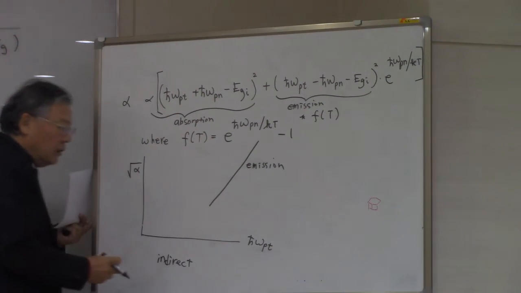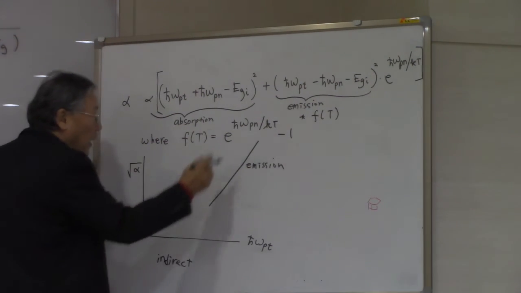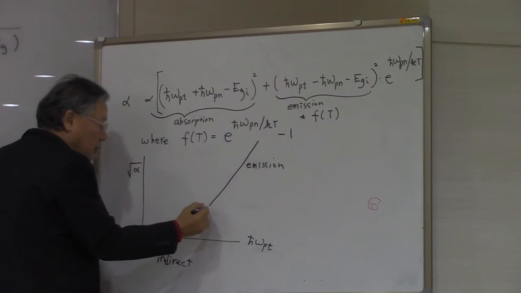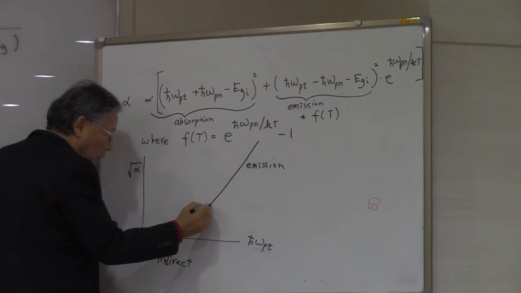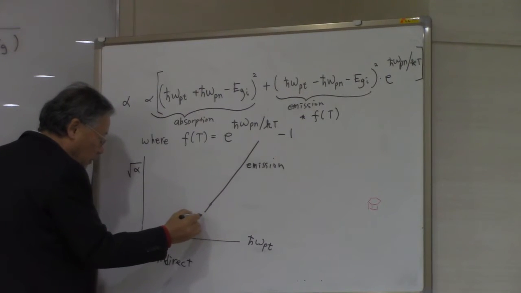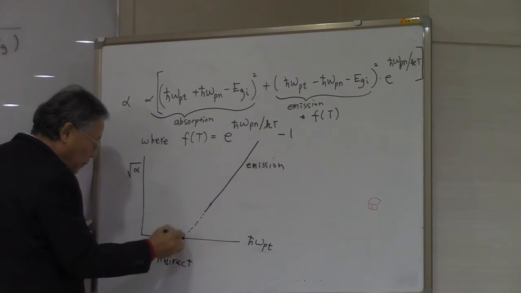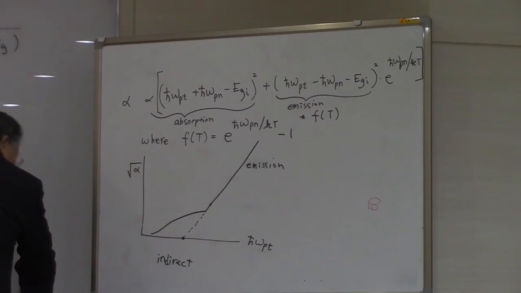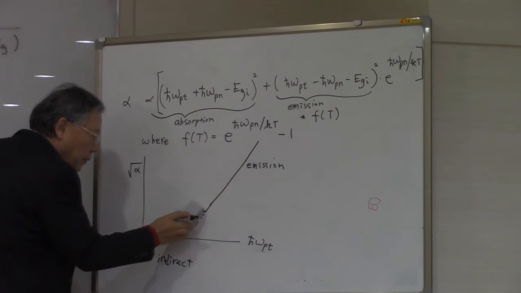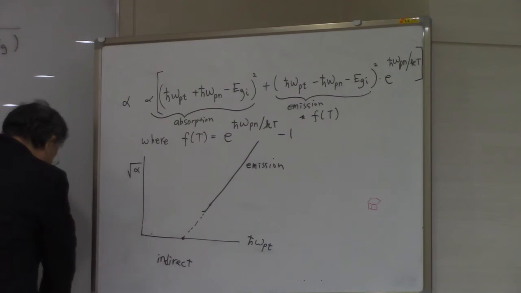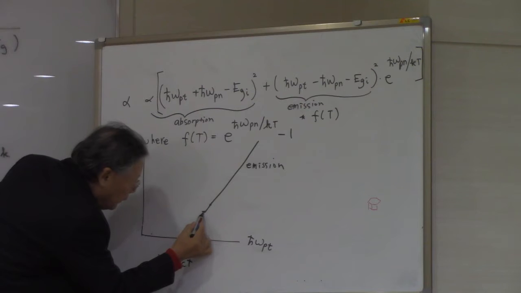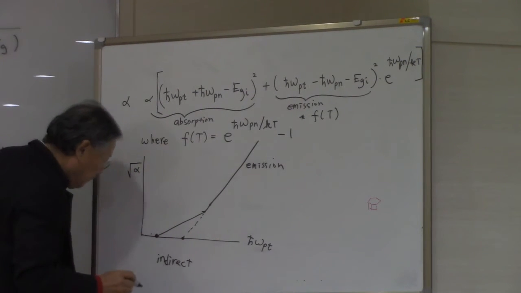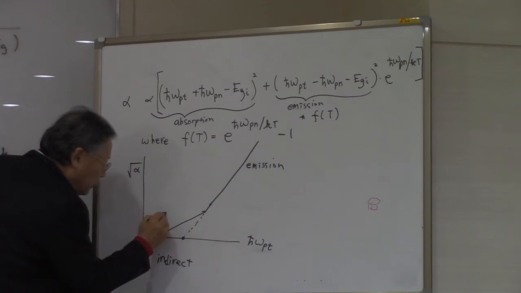But as you decrease the photon energies, then the absorption of the phonon dominates, so that it is going to have a different slope, something like this, okay? And that is absorption.